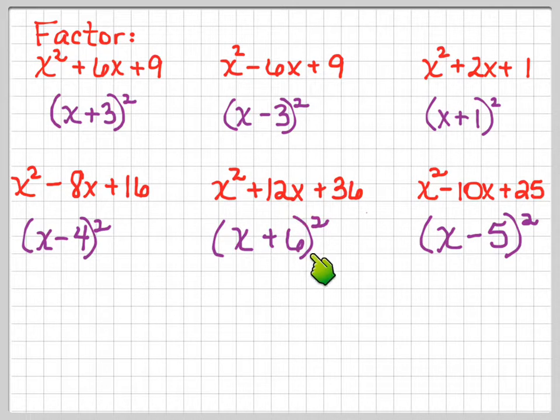Half of 12 is 6, and 6 squared is 36. Half of negative 10 is negative 5, and negative 5 squared is 25. So this pattern is predominant in this method of solving by completing the square.